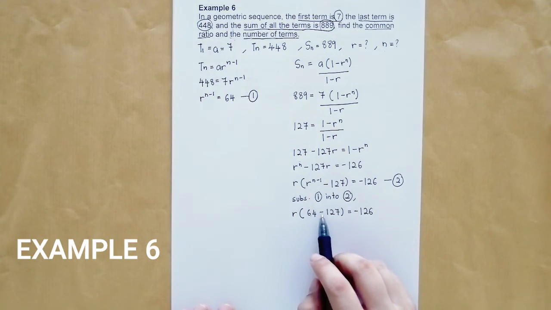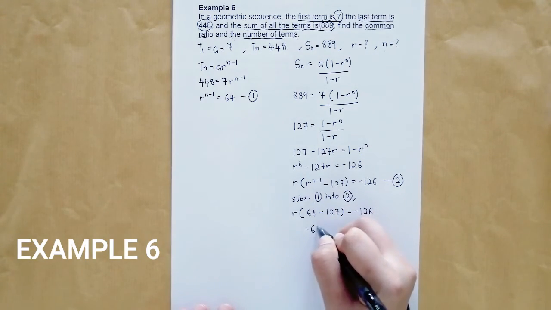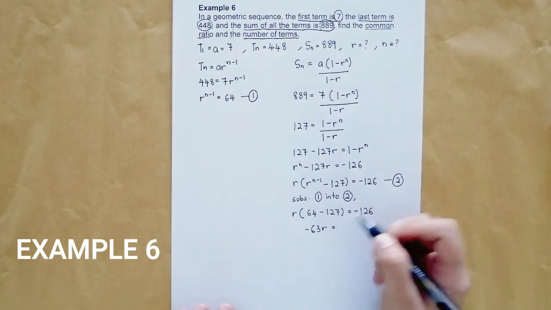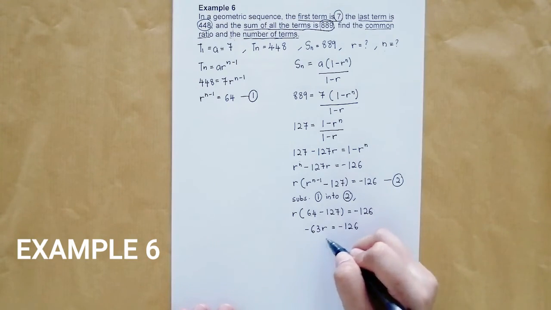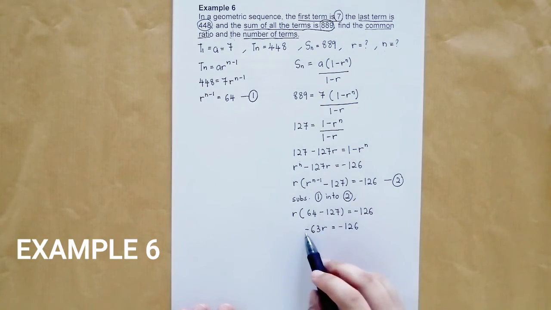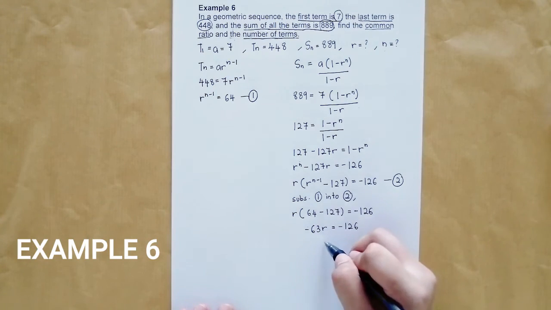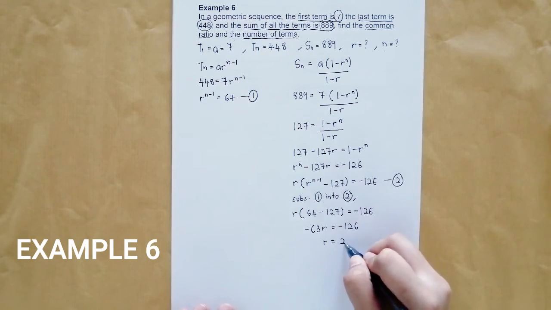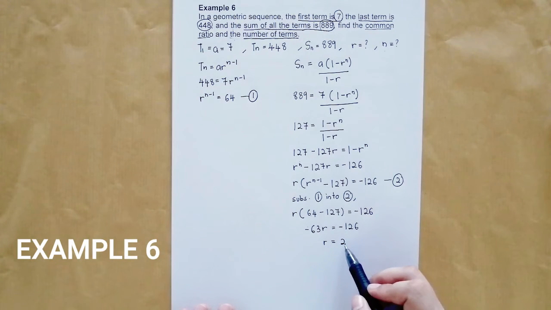So 64 minus 127, you will get negative 63. So you have negative 63R equal to negative 126. We can divide this equation by negative 63, so you will get R equal to 2. So you got the common ratio, which is R equal to 2.